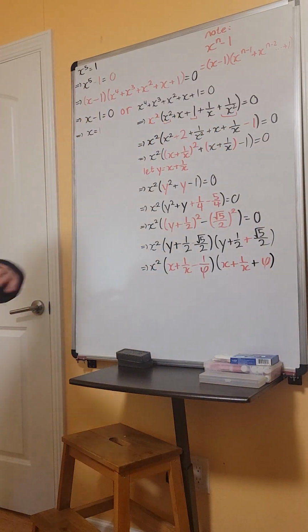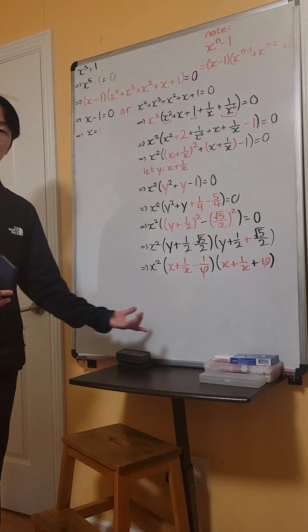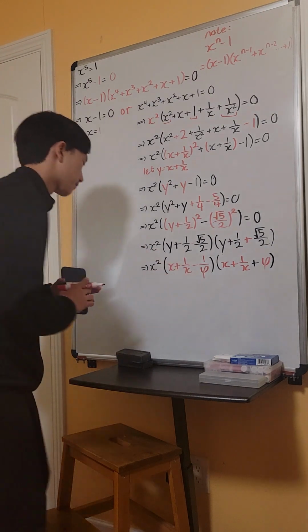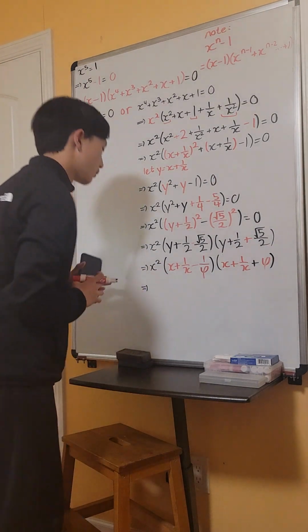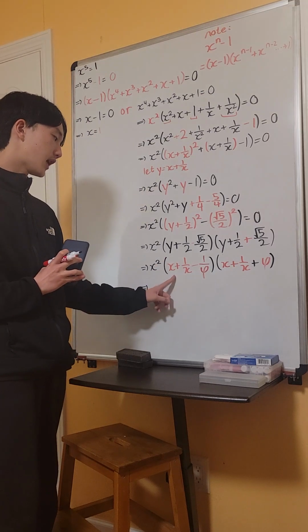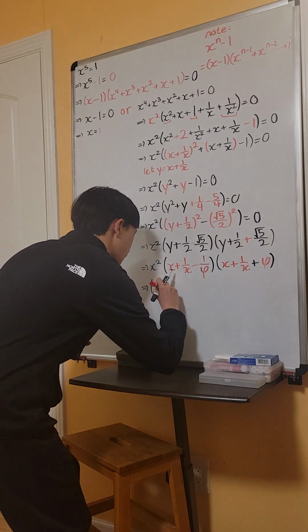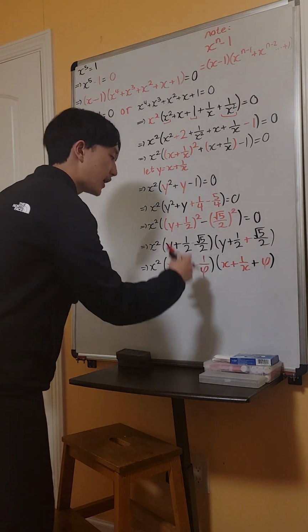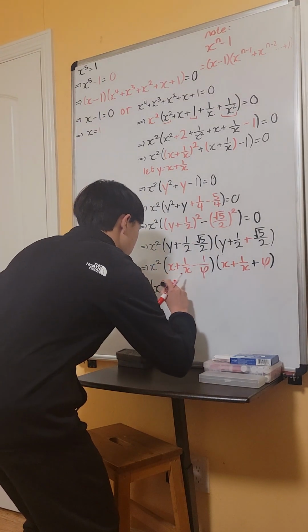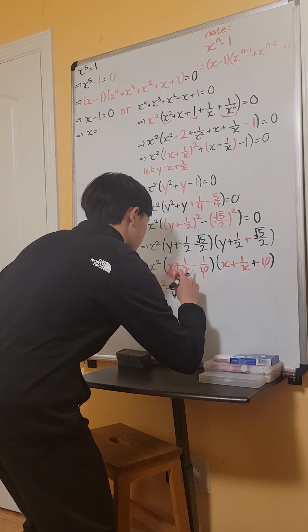Okay, finally multiply the x back in, and you see that you get 2 quadratics. Multiplying one of the x's into here, x times x gives you x squared. Negative 1 over phi times x gives you negative (1/phi)x.